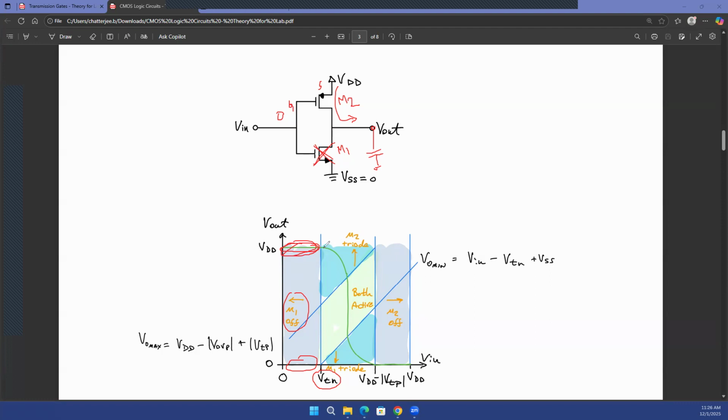So here, your transistor M1 has turned on and it has turned on in saturation. However, because the gate voltage is very close to the threshold voltage, the current that flows out of the capacitor is going to be a small amount of current.